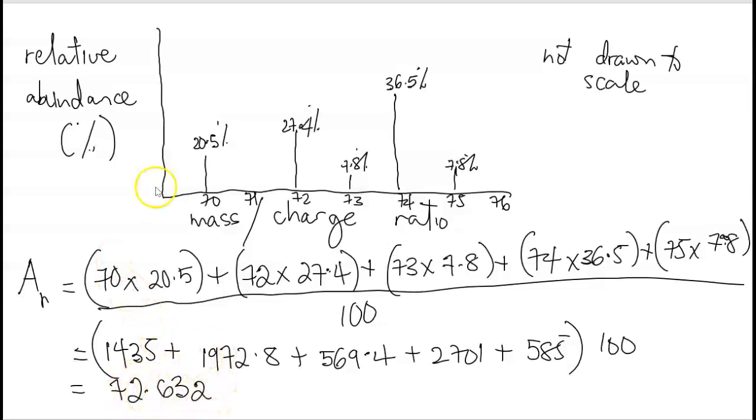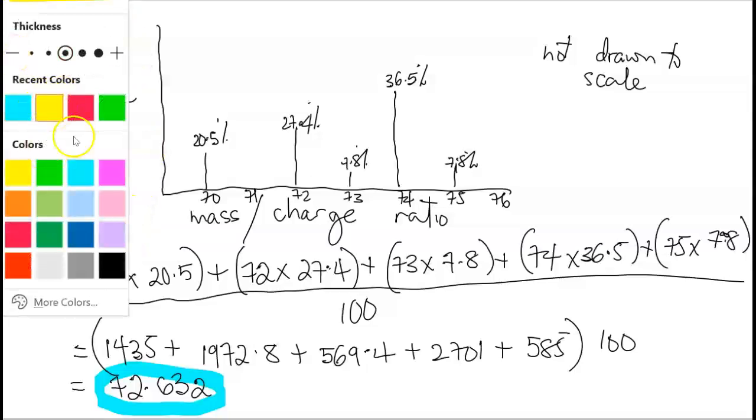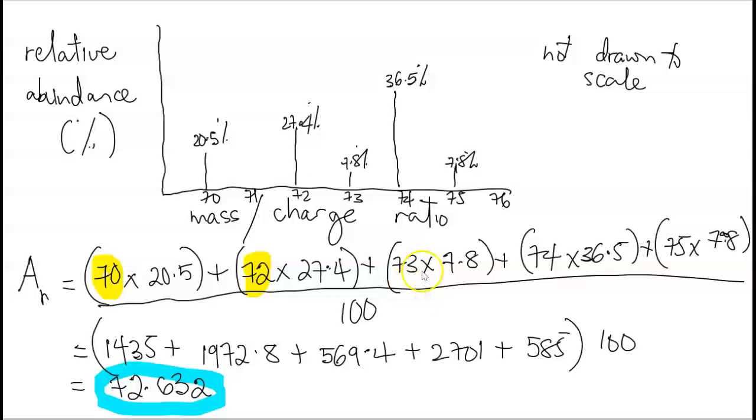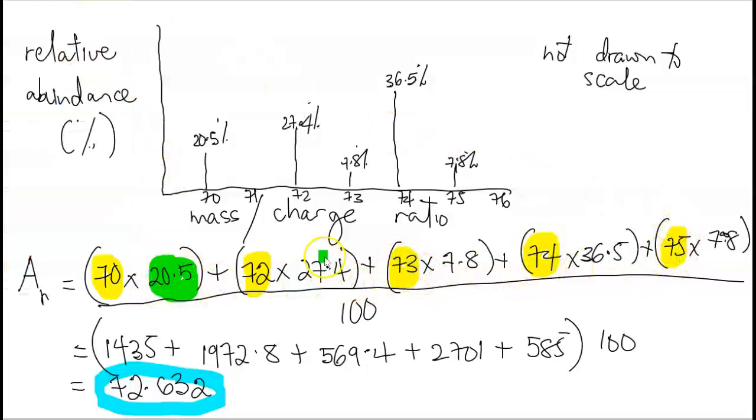So if we notice, not a whole number, so what we are having is the weighted average of all the isotopes of this particular element. So the steps again, we have our masses being multiplied by the relative abundances, and we're dividing that by 100 since relative abundance is out of 100%.